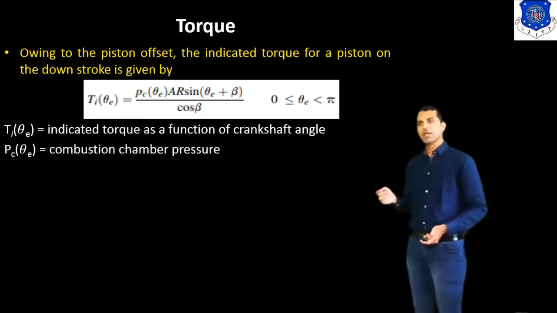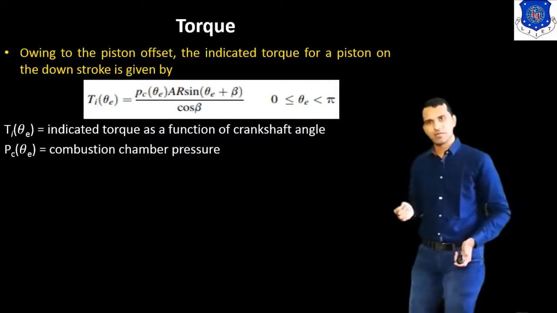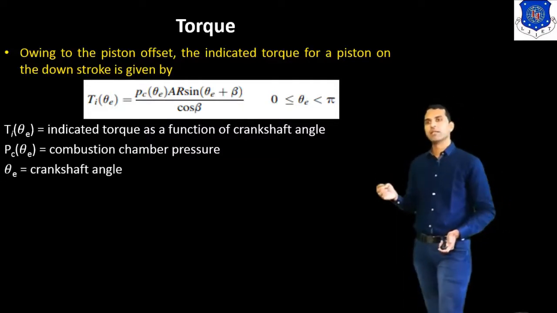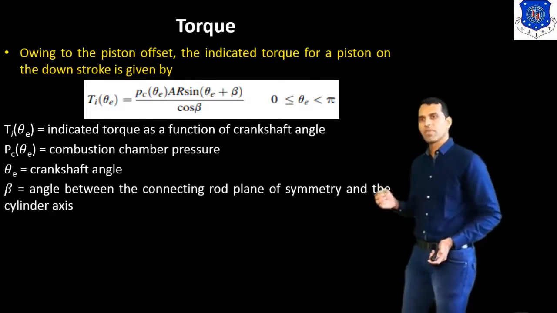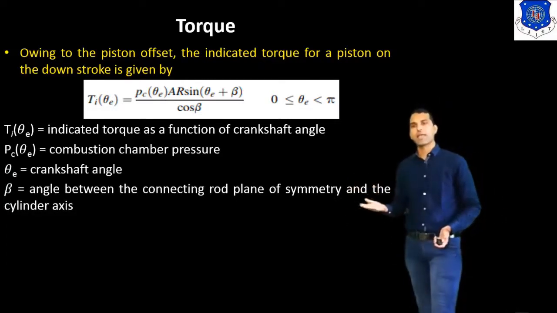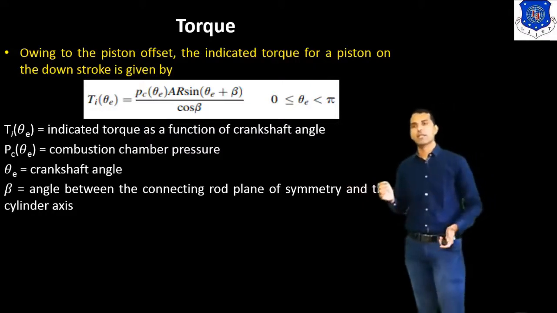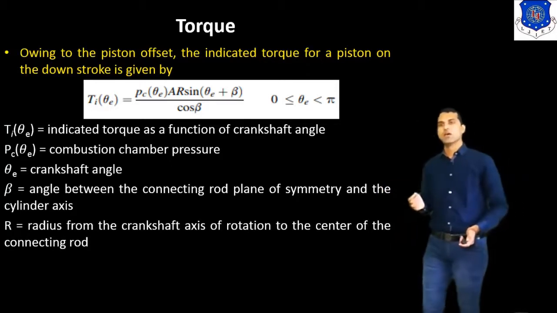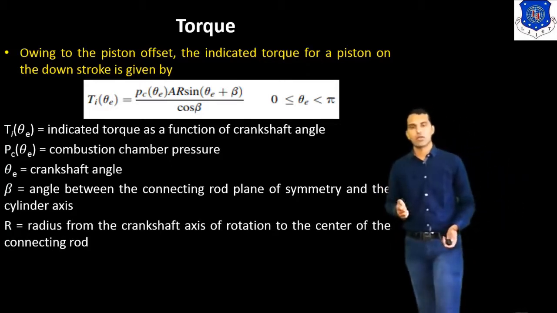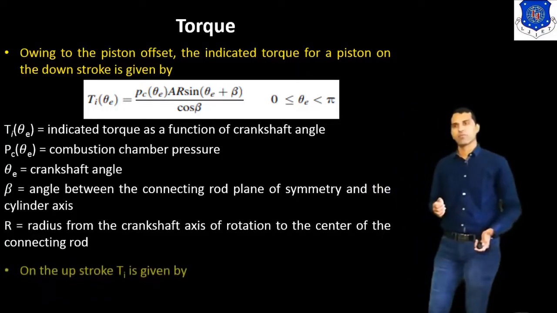Pc(theta_c) indicates the combustion chamber pressure. Theta_c indicates the crankshaft angle. Beta indicates the angle between the connecting rod plane of symmetry and the cylinder axis. R indicates the radius from the crankshaft axis of rotation to the center of the connecting rod.